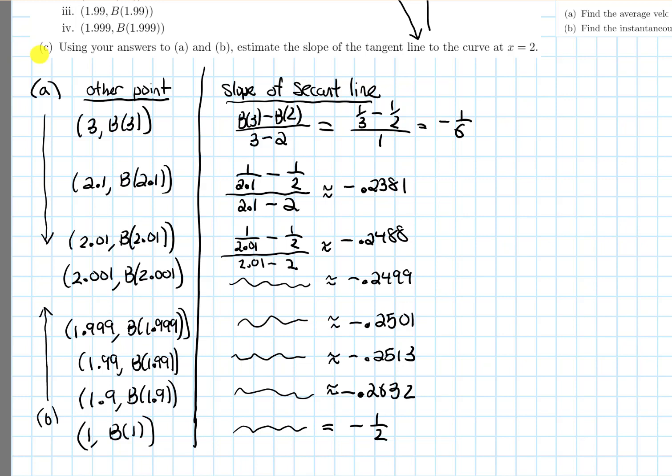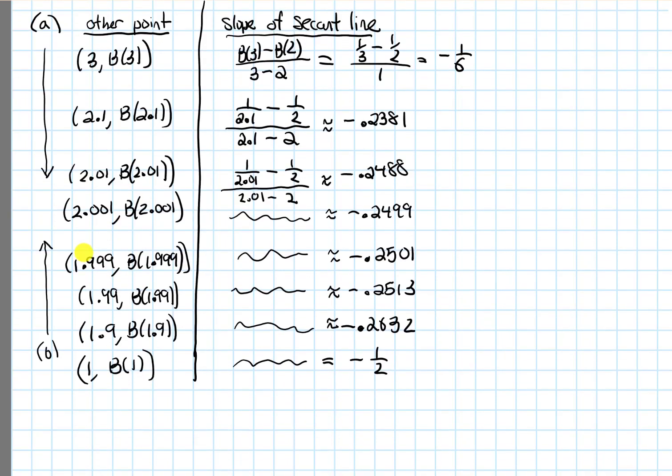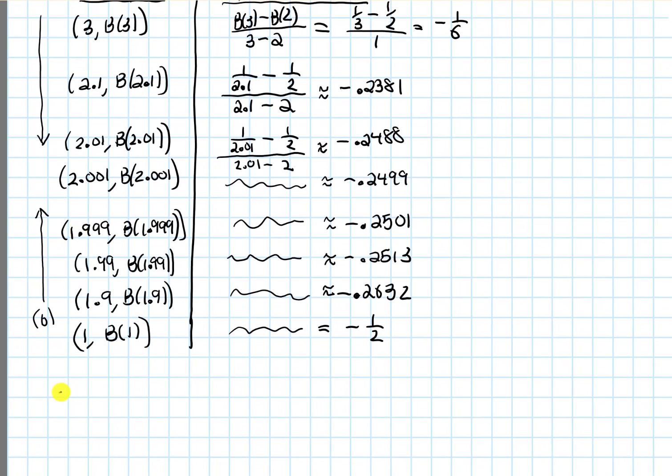Alrighty, so finally part C now says, well, using the answers we got in the previous parts, estimate the slope of the tangent line at 2. So we have to look at these numbers and see what they seem to be getting closer and closer to. As I get close to 2, they seem to be getting close to negative 0.25.